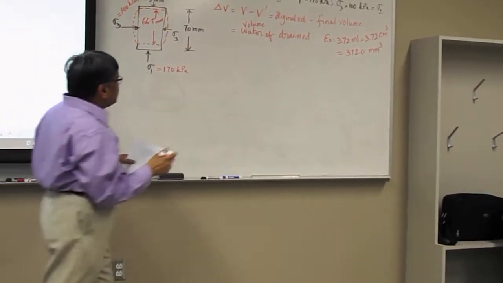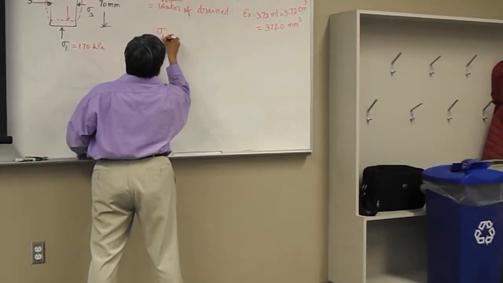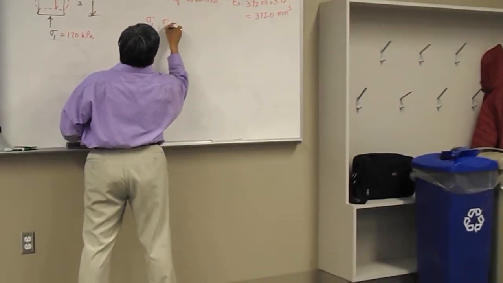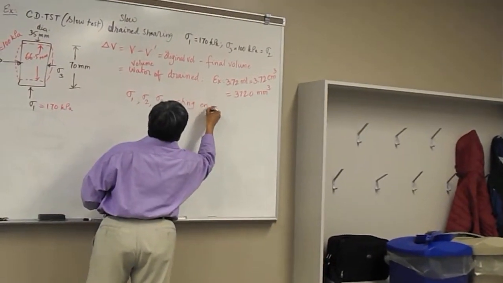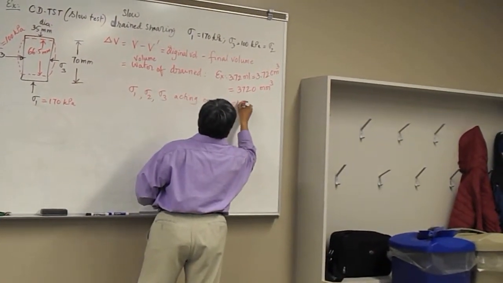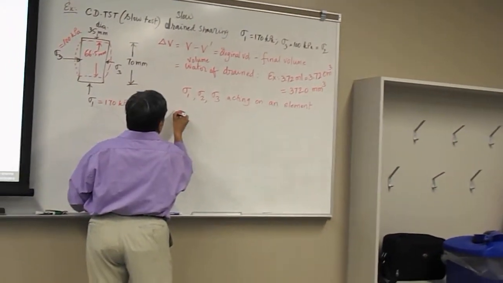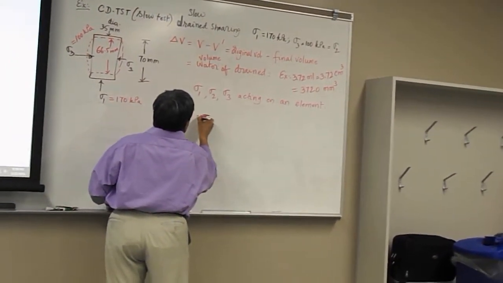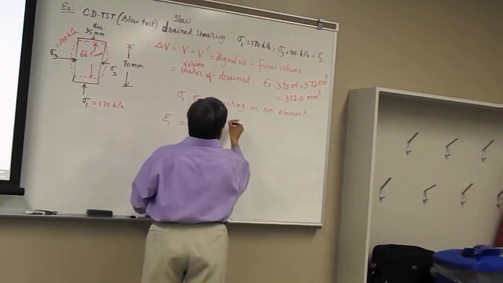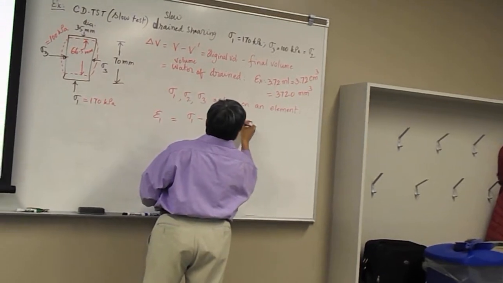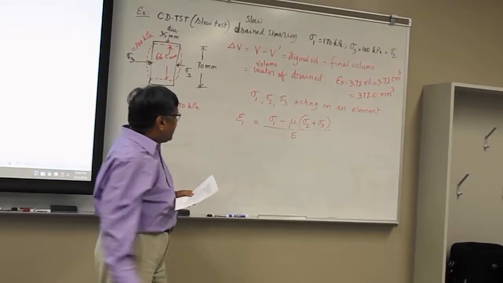In your strength of materials class, if we have three-dimensional stresses, sigma 1, sigma 2, sigma 3 acting on an element, you might have calculated these strains. Epsilon 1 equals sigma 1 minus Poisson's ratio times sigma 2 plus sigma 3, divided by the modulus of elasticity.